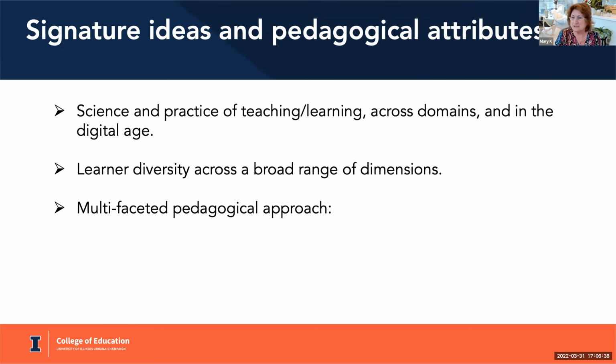Now, we started doing this before COVID, of course, because this is what we do research on and experiment about. But after COVID, I don't think there's a site that isn't interested in understanding what works and what doesn't work in terms of the affordances of the digital for teaching and learning.